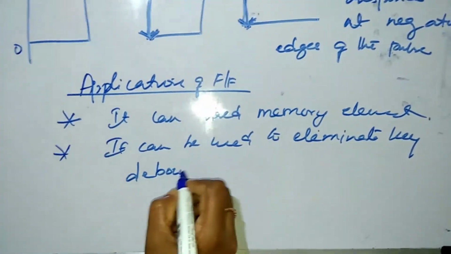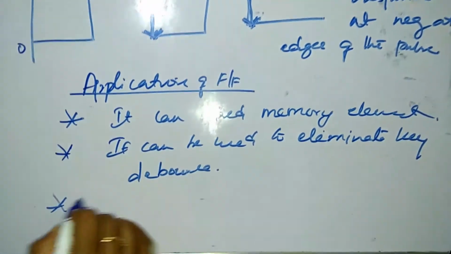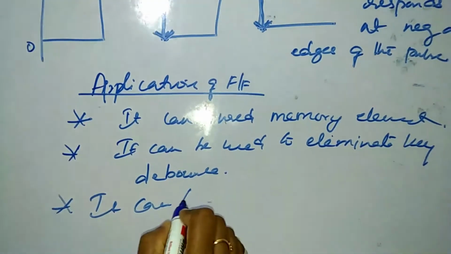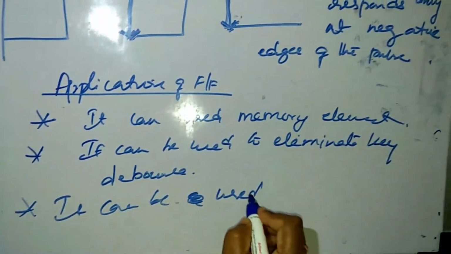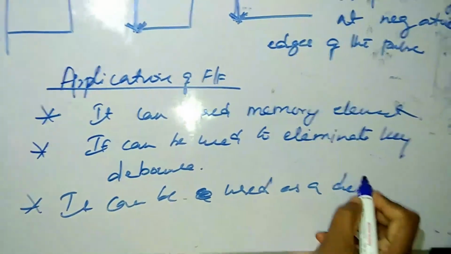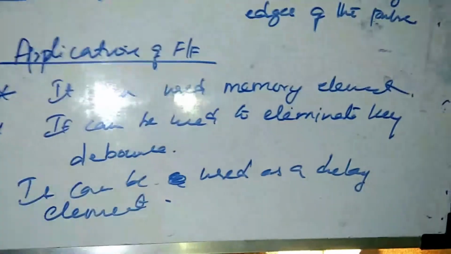The debouncing of the key can be eliminated by the use of flip-flops. It can also be used as a delay element. So these are all the basic functions of the flip-flop.